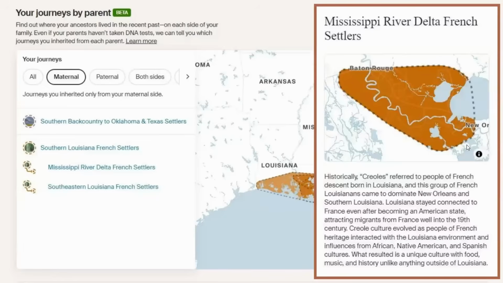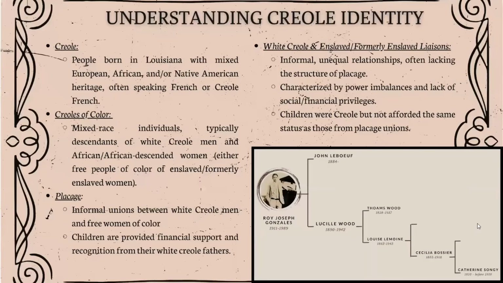The result is a really unique food culture and music culture, very different from anything outside of Louisiana and certainly different from other Southern Gulf states. This is what I mean by understanding historical context. You really have to understand Creole identity to understand why certain choices were made.